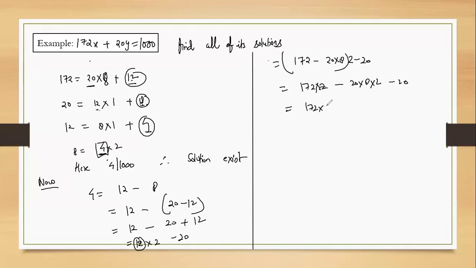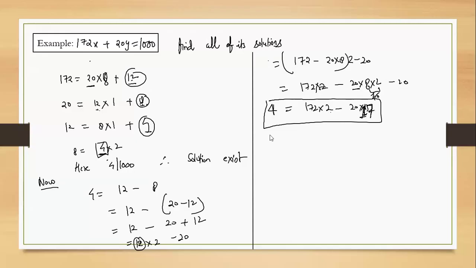So it will be 172 multiplied by 2 and 20 multiplied by 17. Sorry, 8 times 2 is 16, so it will be 17. My mistake. Please also check your answer to see whether 4 is coming like this: 4 can be written as 172 multiplied by 2 minus 20 multiplied by 17.